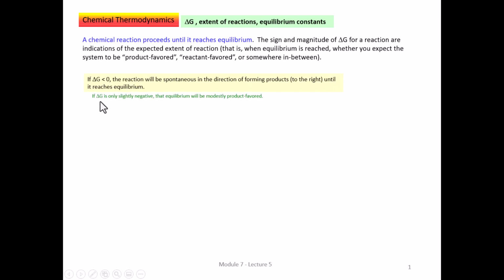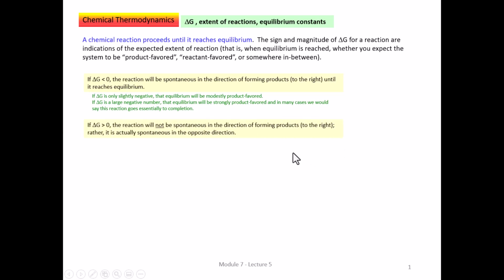Well, if that deltaG value is only slightly negative, that equilibrium is just modestly product favored. However, if the deltaG for that reaction is a large and negative number, we'd say that when the reaction reaches equilibrium, it's strongly product favored, and in fact, so product favored, we could say it goes essentially to completion.